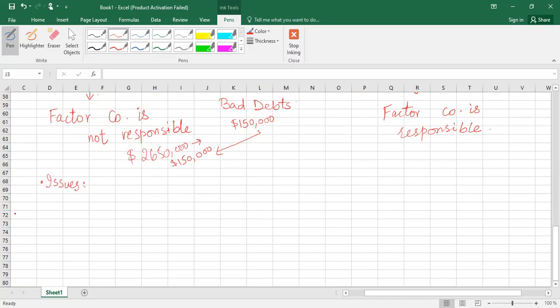So you cannot afford any kind of bad relationship or any kind of bad reputation in front of your customers.